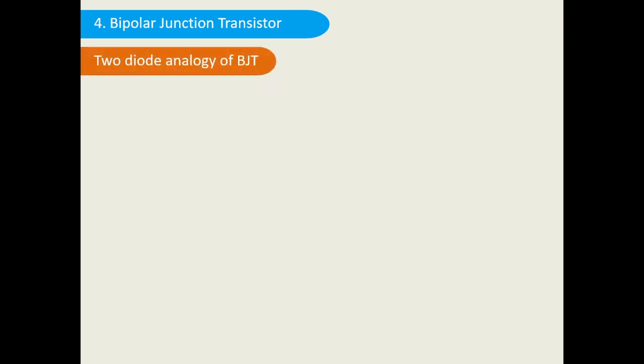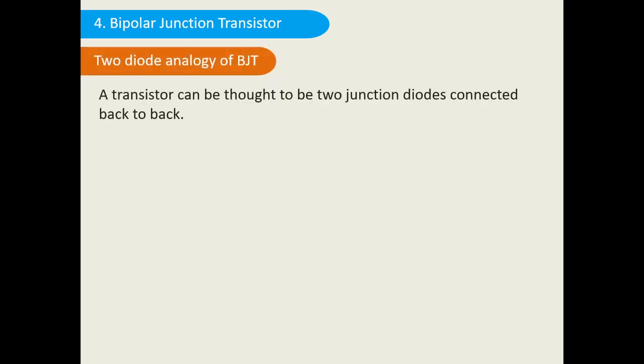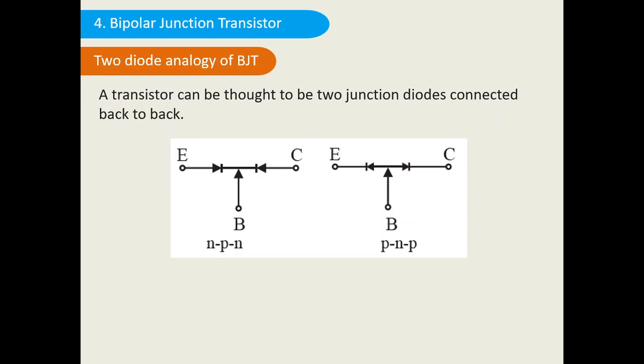So, the two diode analogy of the BJT. I told you that a transistor can be thought of as two junction diodes connected back to back like this. In the case of NPN transistor, if I consider the diode, this is the P type, this is the N type. Again, this is P type and this is N type.